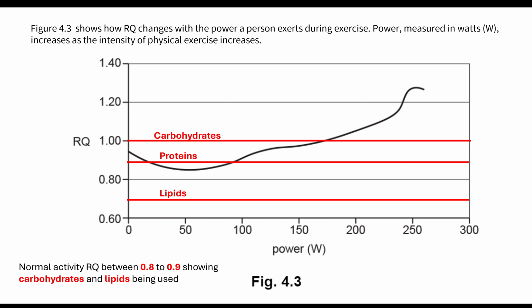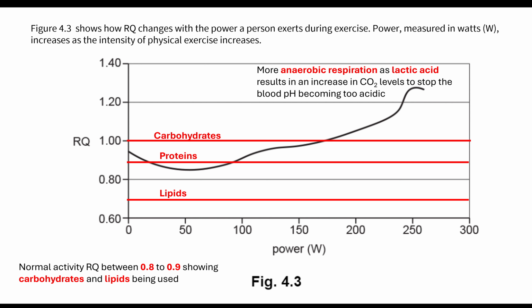But what happens if it goes above 1? Well, if it goes above 1, that's telling you there's more anaerobic respiration occurring. The reason is that the intensity of the exercise is much greater. That means there's not going to be enough oxygen, so they're going to produce lactic acid. Now, lactic acid is an acid, so that's going to affect the pH.